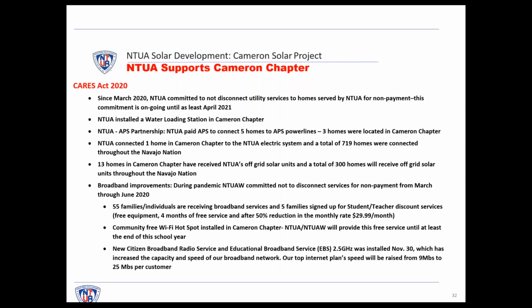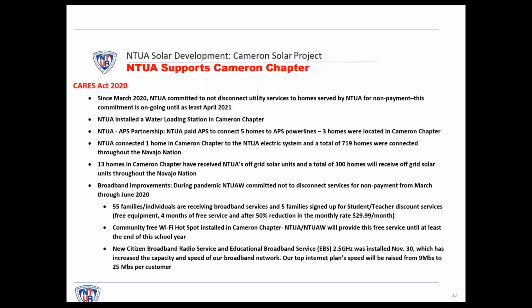I won't go through all this, but I put this slide in here to demonstrate some of the things that NTUA does with each one of the chapters that we deal with in providing the solar projects, because we work very closely with the chapters to make sure that they are either compensated or that there's an exchange of benefits between the chapter and NTUA so that everyone benefits. This is just an overview of what we did through the CARES Act of 2020 in Cameron itself.